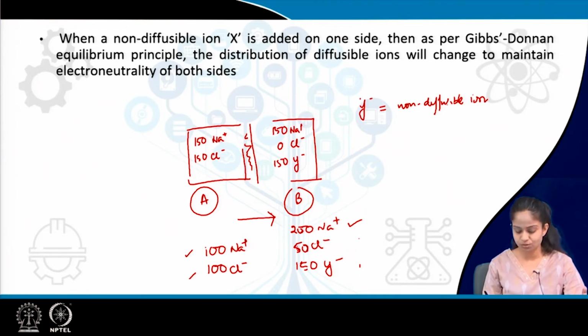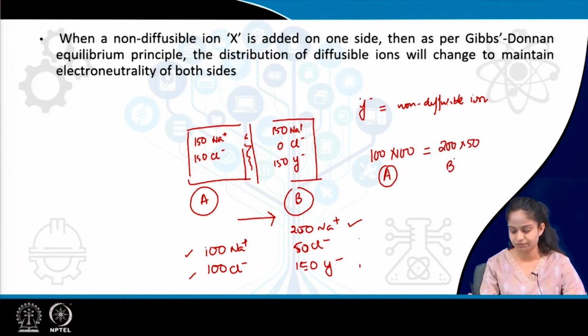The second part of the rule is the product. So, 100 into 100 of solution A is equal to 200 into 50 of solution B. This is the product of the diffusible ions.